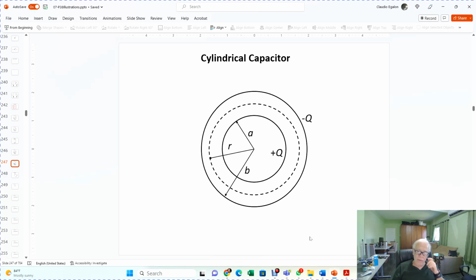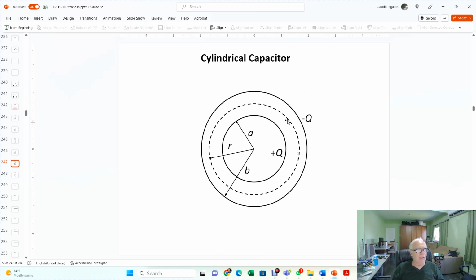Recall that we solved the electric field for this type of configuration. Using Gauss's law, you know that the electric field inside is 0 because there is no electric charge inside this volume. And we also know that the electric field outside this volume is also 0, right?